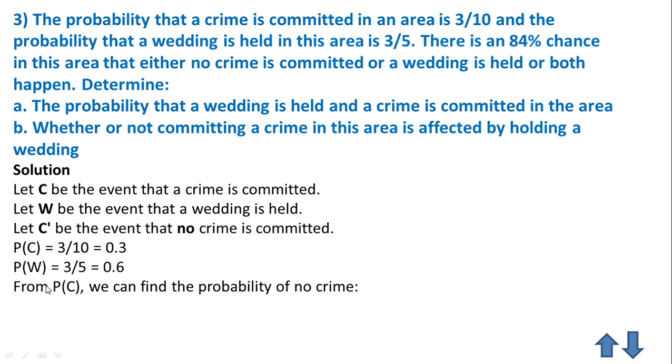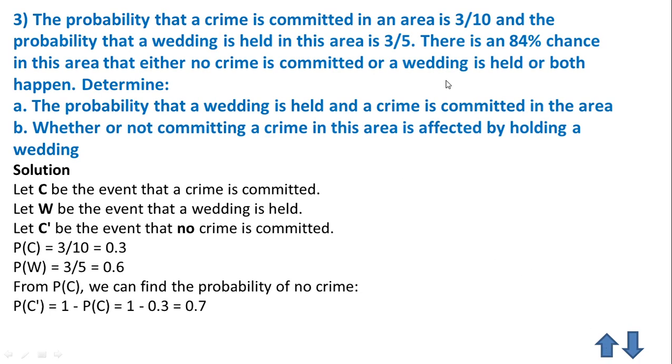Now, from the probability that a crime is committed, we can find the probability of no crime, that is C complement, which is 1 minus 0.3, which is 0.7. Then the other case, they gave us the probability that a crime is not committed or a wedding is held as 0.84.